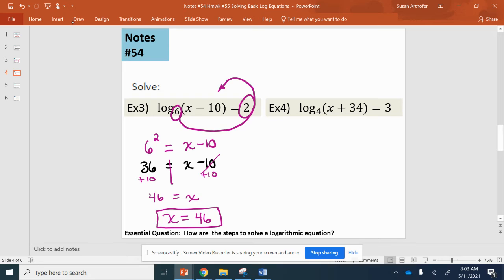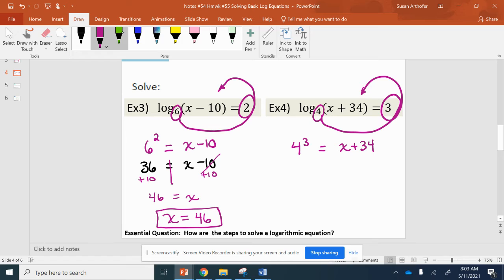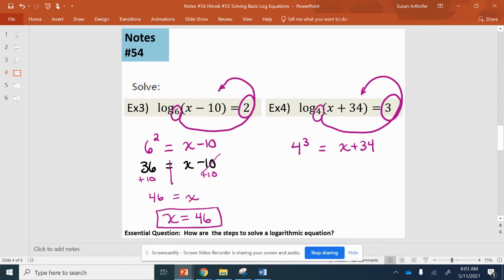Okay, let's do the next one. 4 to the third equals x plus 34. The next step is to convert the exponent, 4 to the third. Hopefully you know what that is. Otherwise, use your chart. It's right on your chart. It's 64.